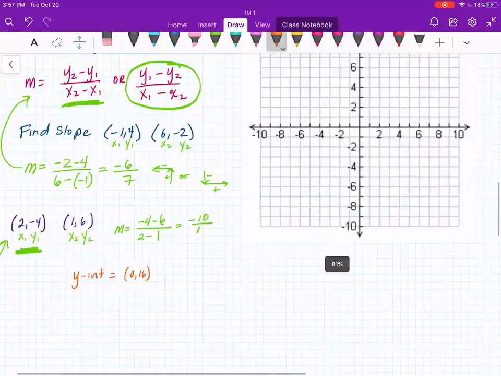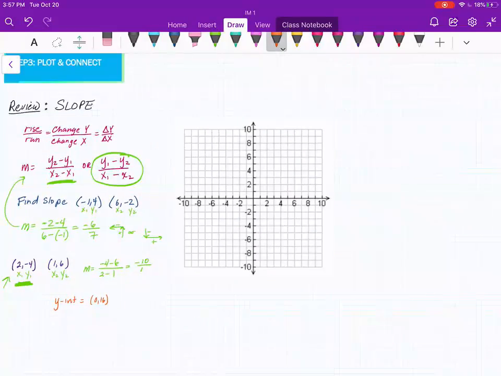And my graph doesn't have 16, but we're going to go ahead and add to it as best we can. So that's about 9, 11, 12, 13, 14, 15, 16. So right here would be our y-intercept, and our slope is 10 over 1.